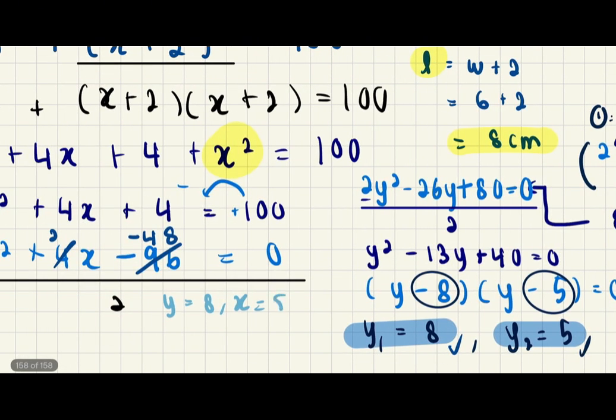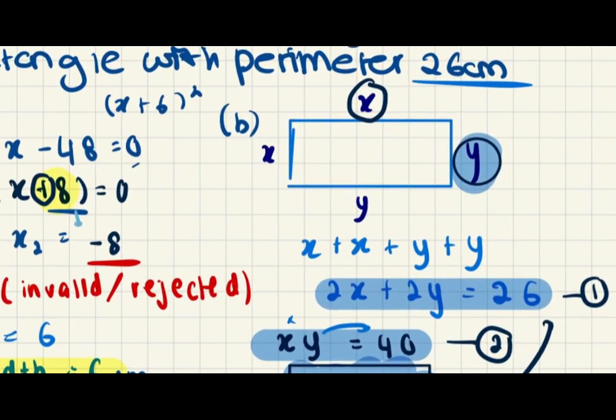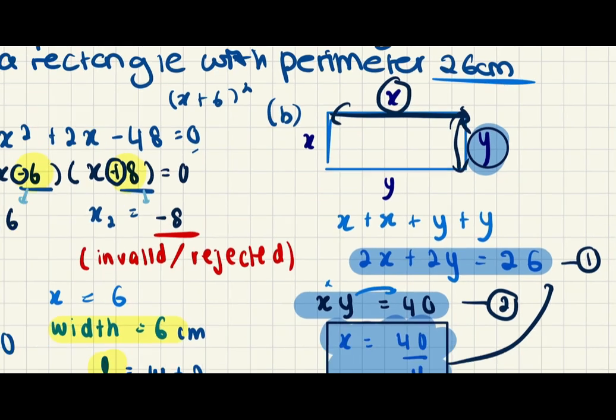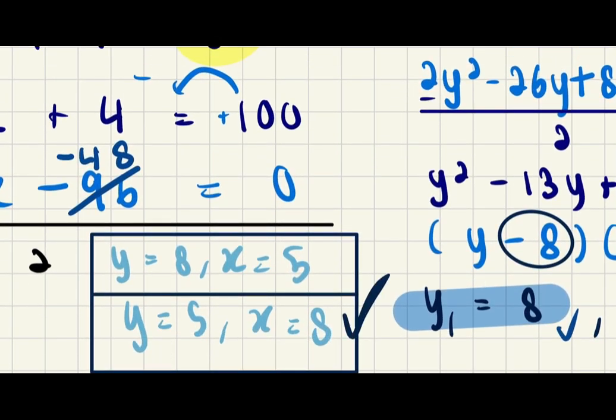Or when y equals 5, x equals 8. Two possibilities. But considering that this is a rectangle, this side is larger than this side, right? So we can say this is the correct answer because x is longer. This one we write as rejected.